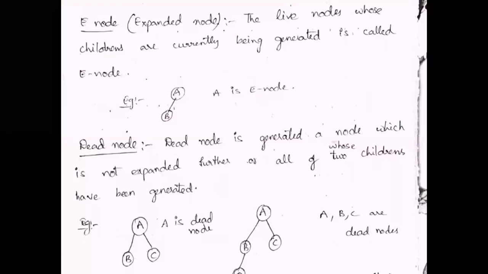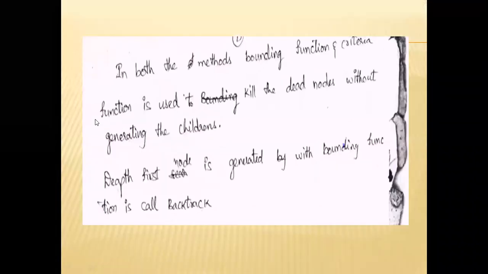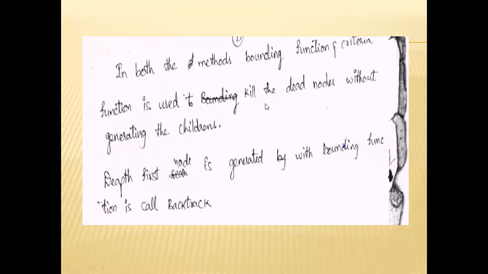The first one is backtracking. In the backtracking method, the bounding function and criteria function are used to kill the node without generating its children.